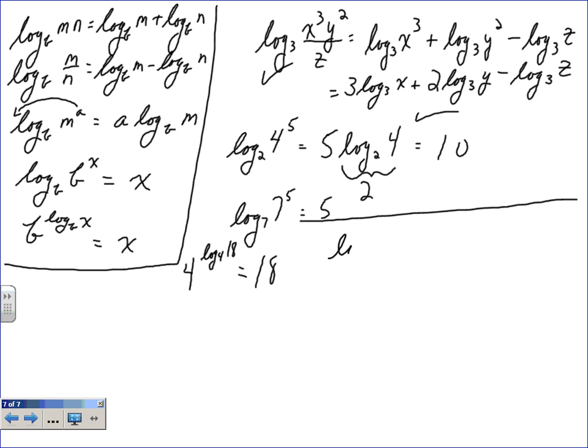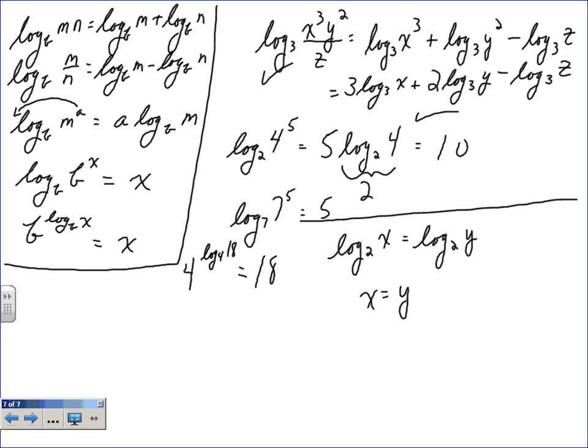If you have log base 2 of x, and that equals, this is an equation, log base 2 of y, if that's a situation, Blaze, if log base 2 of x equals log base 2 of y, then what do you think? Then x equals y. All right, that's pretty simple.